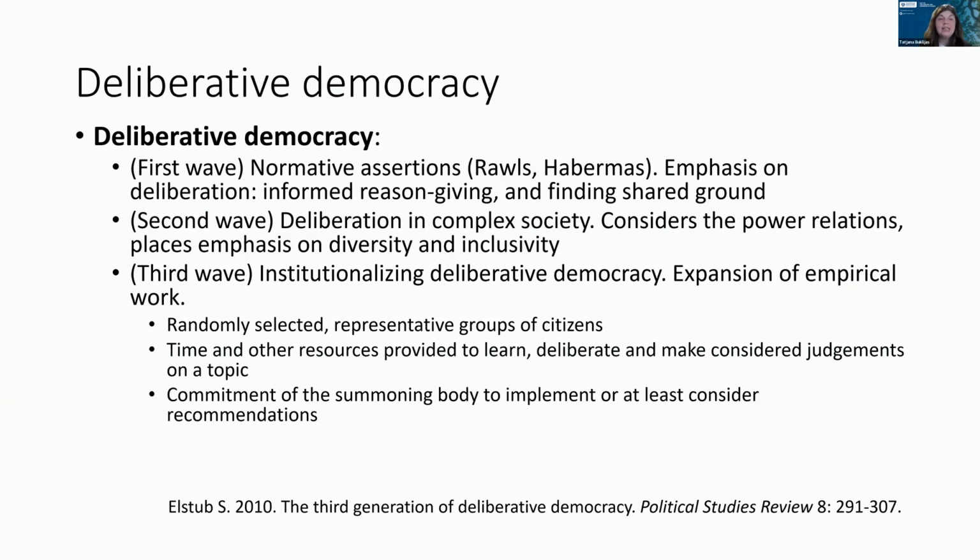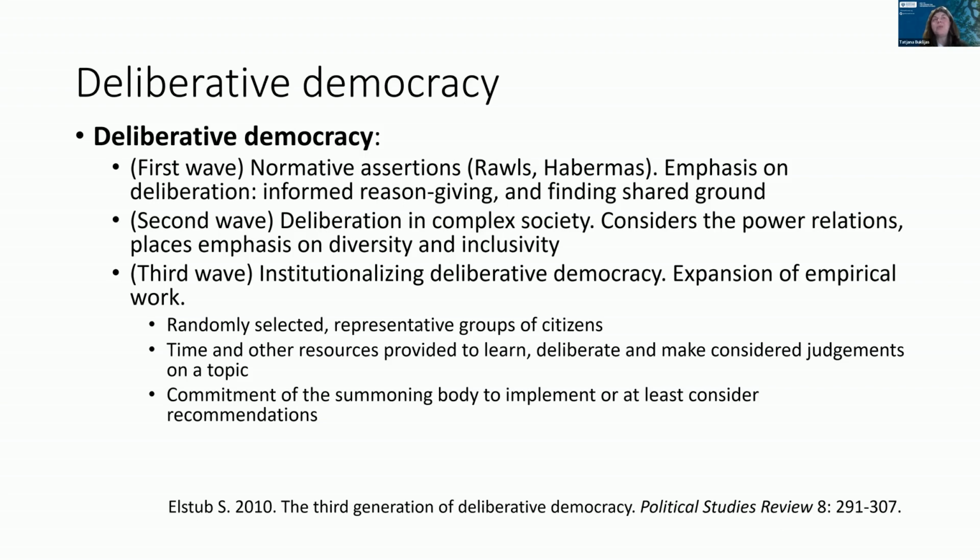And then in the 1990s and early 2000s, political theory started to think more about what happens in a complex society, where there are differences in power, and not everybody in the room occupies the same position in society. And this third wave that we're seeing today, in the last 15 years, is much more about how we institutionalize these processes, and there's a lot more empirical work.